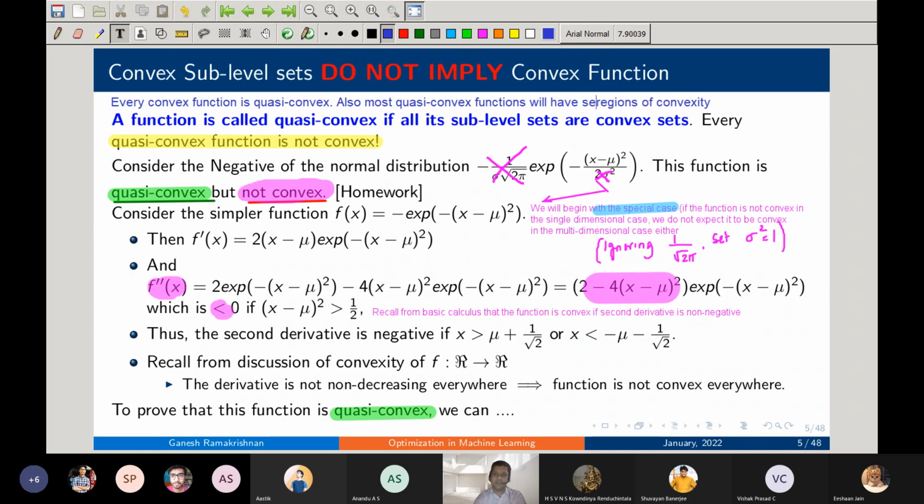That's the other thing we can say. Because of the sublevel sets being convex, the function will also start behaving convex in at least some regions. That we see in this example. Hope this helps.